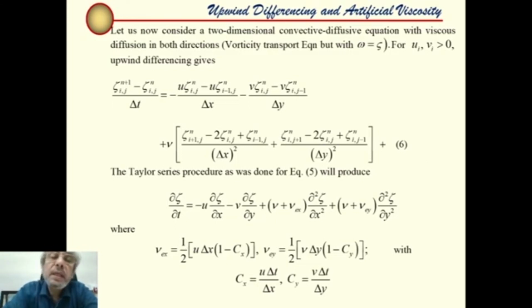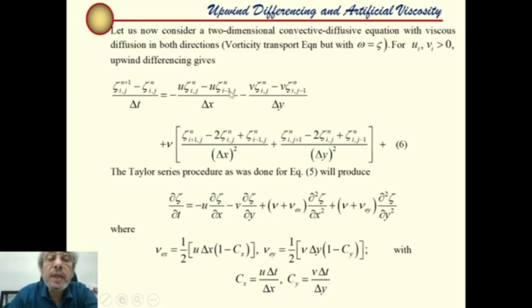And then we are substituting the difference quotients. Instead of del zeta del t, we are writing zeta ij at the n plus 1th level minus zeta ij at the nth level divided by delta t. And since u is positive, we are upwinding it.